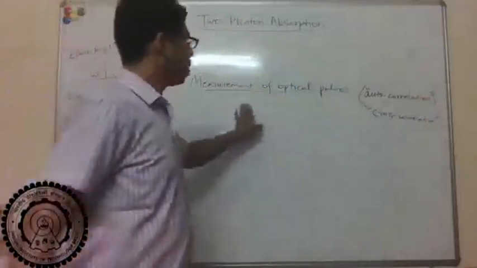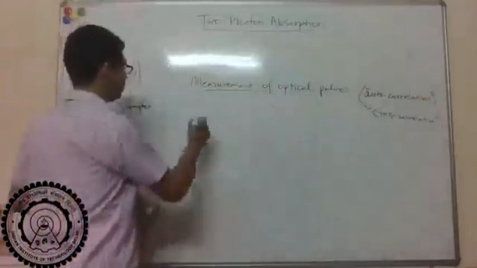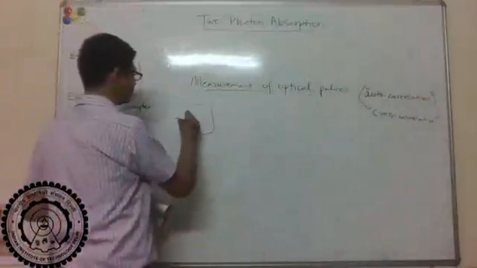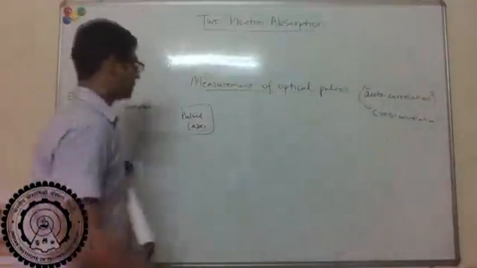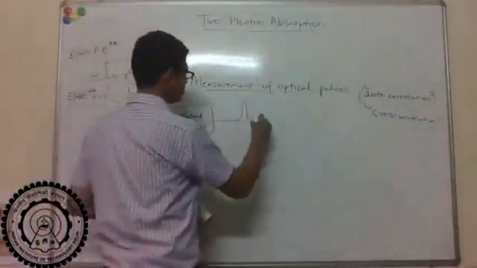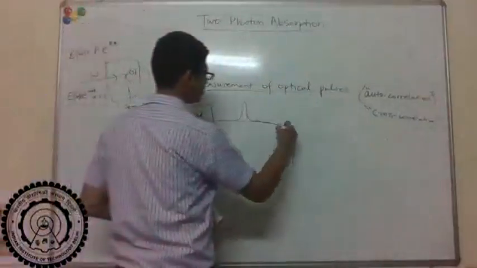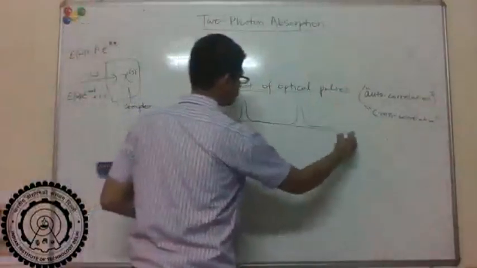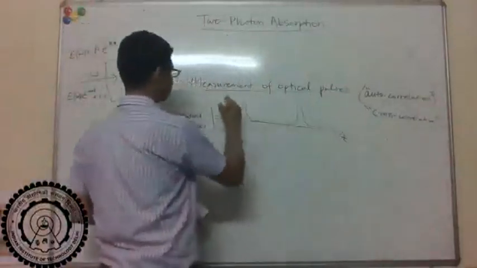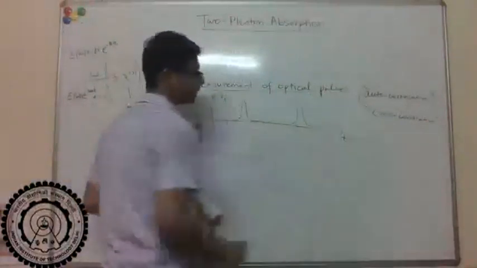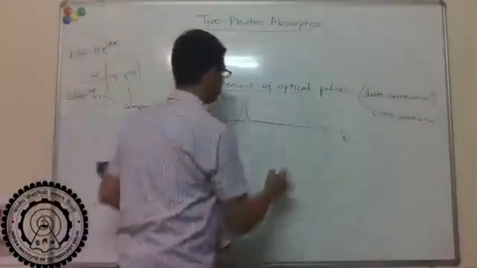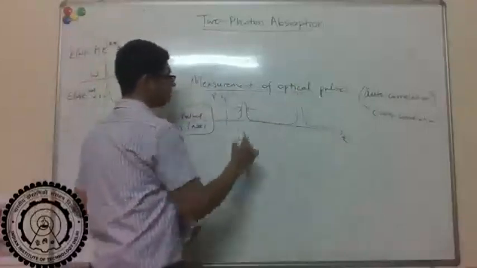So in the context of optical pulses, what is the idea? Let's say you have some pulse laser or some other source of optical pulses, giving out pulses in time. The y-axis is power or intensity, the x-axis is time. These pulses can be quite short.